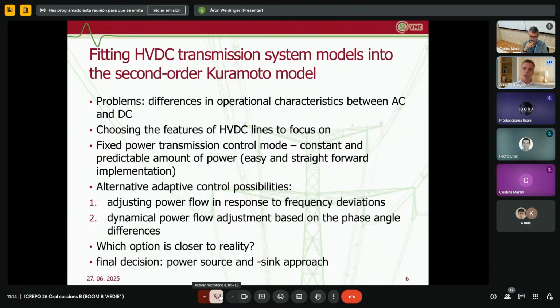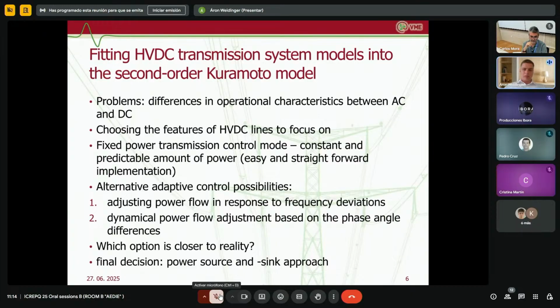Alternatively, more advanced representations could simulate adaptive control, for example, regulating power based on frequency deviations or phase angle differences. But these two would require a deeper modification of the equation.